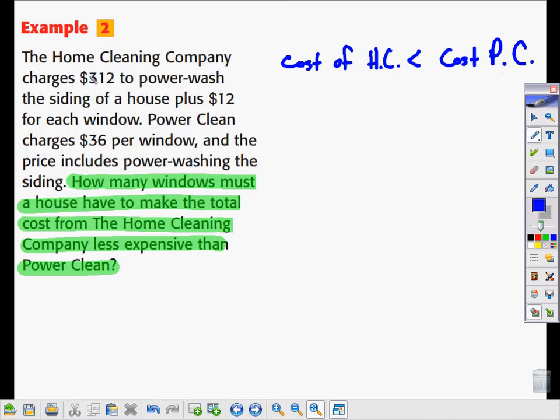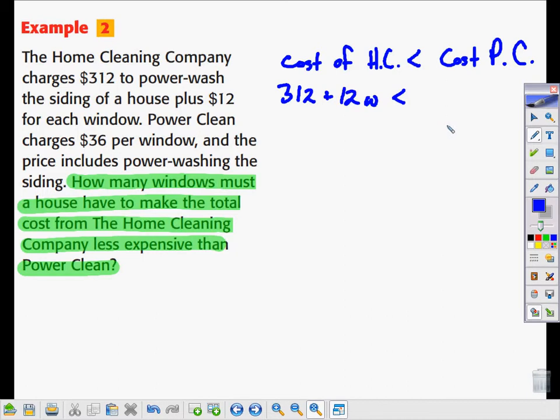It says the home cleaning company charges $312 to power wash the siding of a house plus $12 for each window. So we have $312 plus $12 for each window, so 12 times W. That needs to be less than the cost of Power Clean, so I will say Power Clean charges $36 per window.